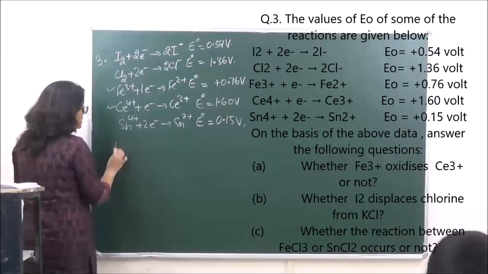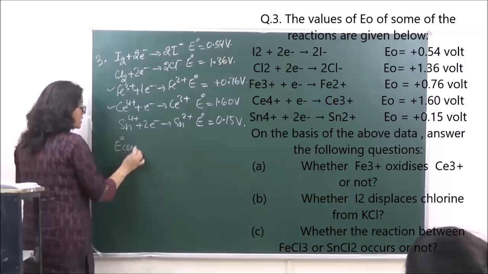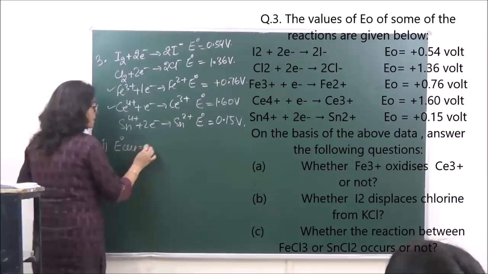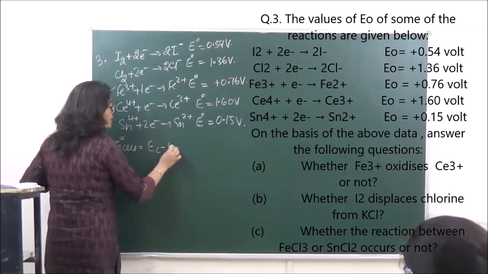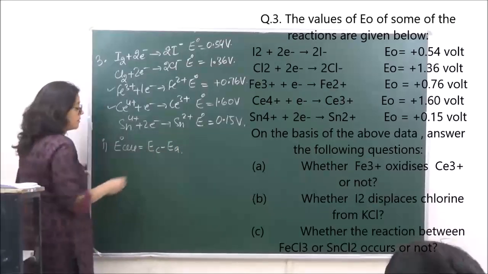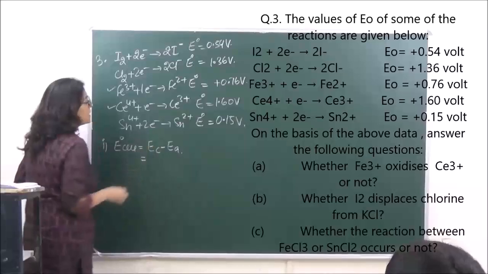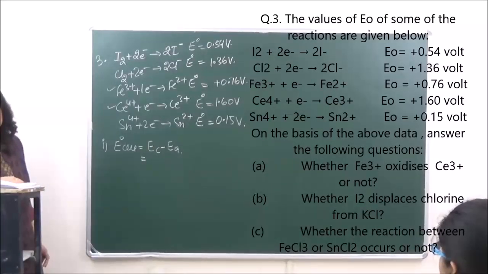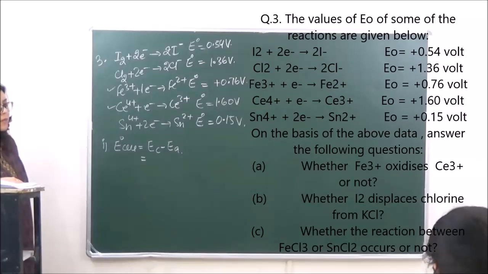So the E0 cell for this reaction, that should be equal to what? E cathode minus E anode. We are saying that if cerium is being oxidized over here, then what should be the value of E naught?